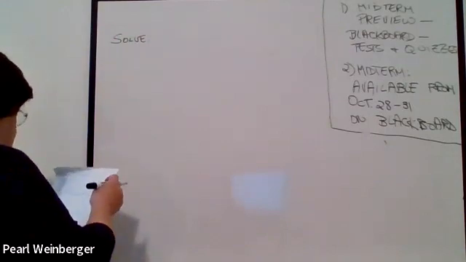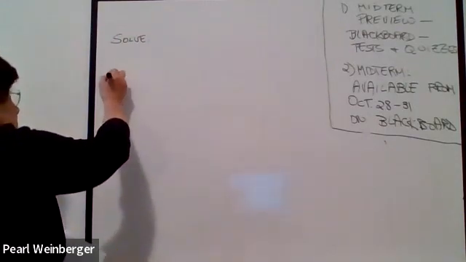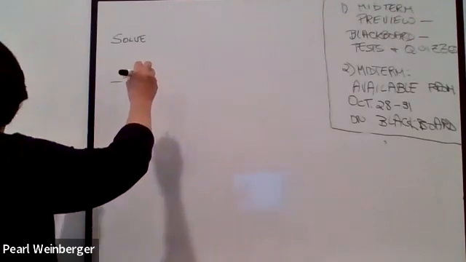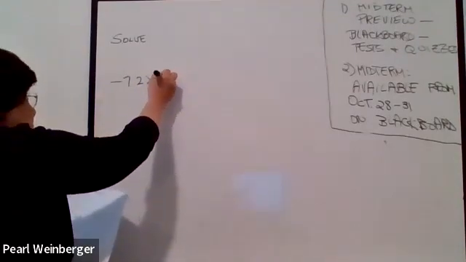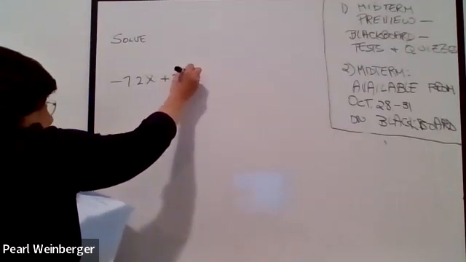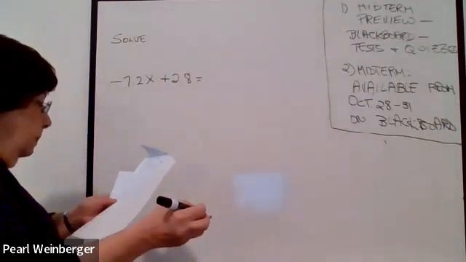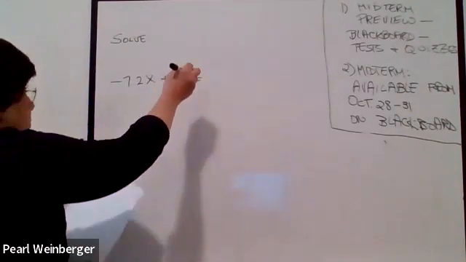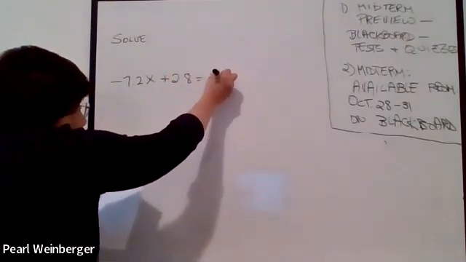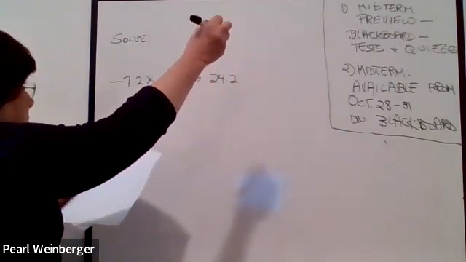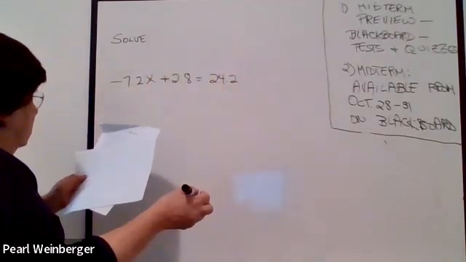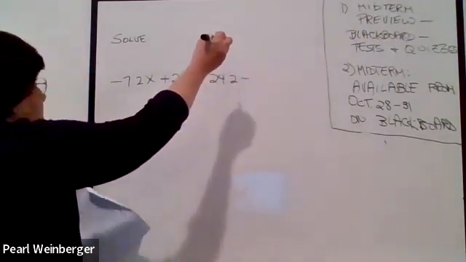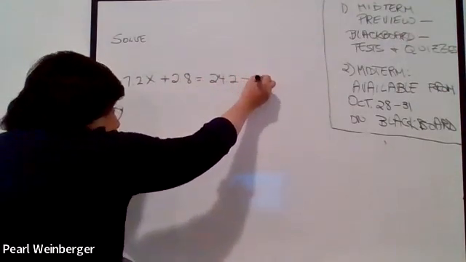Let's say I have negative 7.2x plus 2.8 equaling 24.2 minus 2.2x.